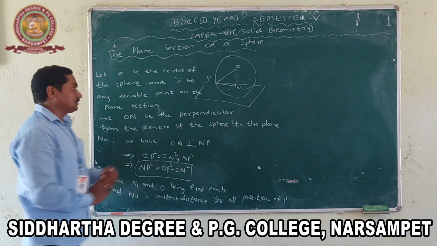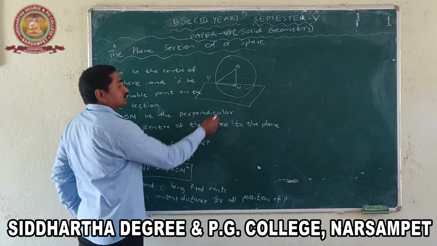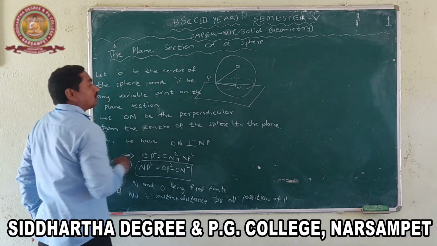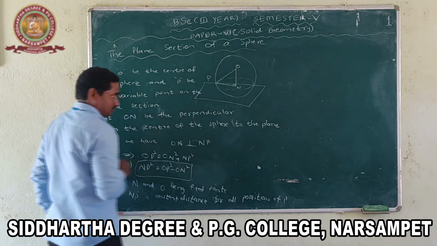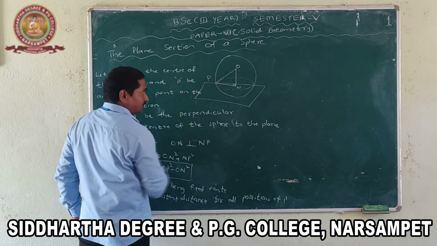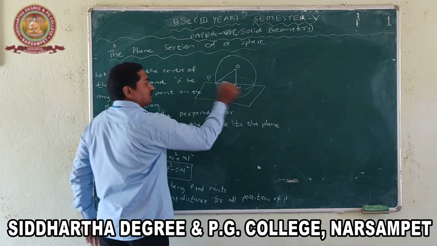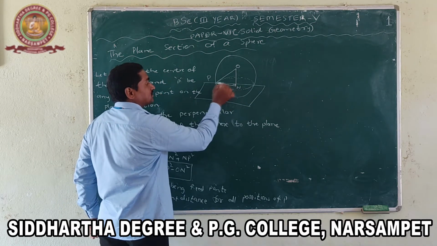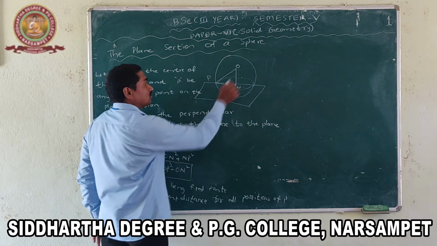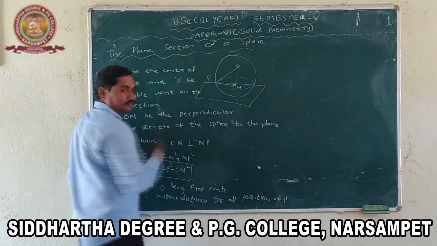It indicates that the set of common points to a sphere and plane, or simply the locus of P, represents a circle with center N and radius NP.